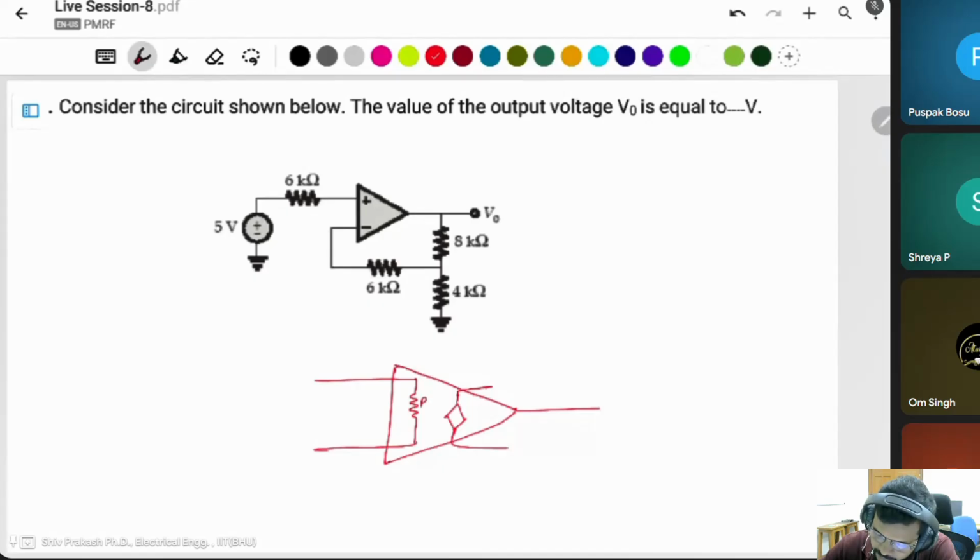The impedance, this is the voltage, whose gain of VD is the voltage of VD. VD is the voltage difference between these two, V1 and V2.